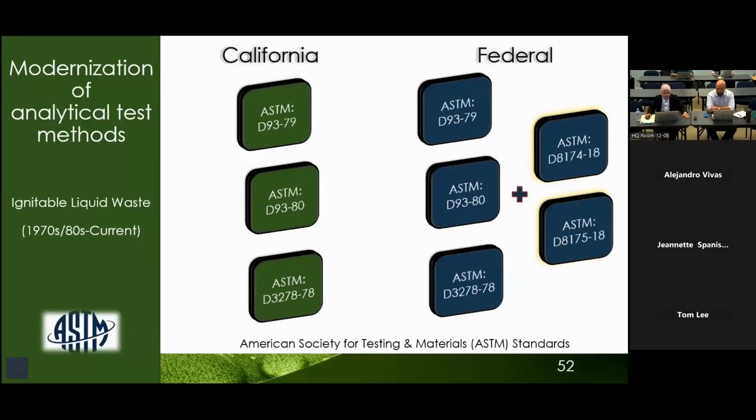DTSC recommends that, like the federal approach, California also adopts the two new test methods. This would allow California to retain the old standards but add the two updated and modernized test methods. These new methods offer benefits like electronic or digital thermometers, eliminating mercury use. Adopting them would streamline processes and keep our practices in line with the latest science.